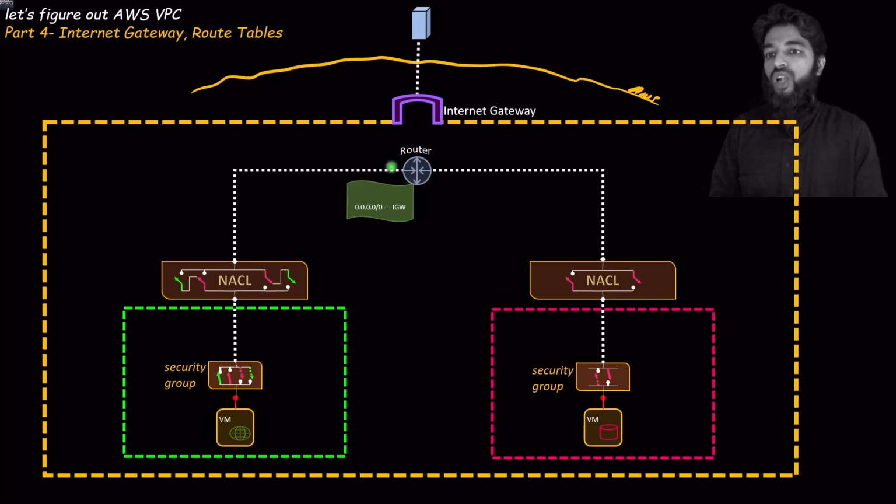That's all, because all the traffic will be received by the router. So here the configuration that you would do is 0.0.0.0/0. That means any IP address on the internet, right? What will you say? Please forward it to Internet Gateway.